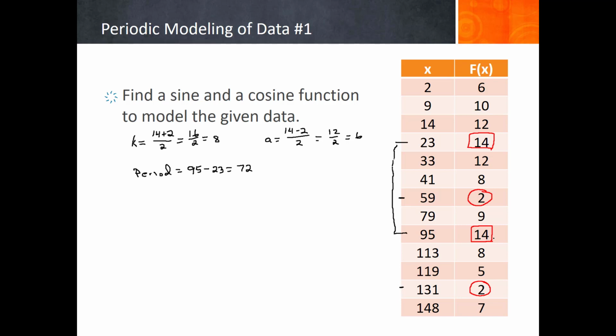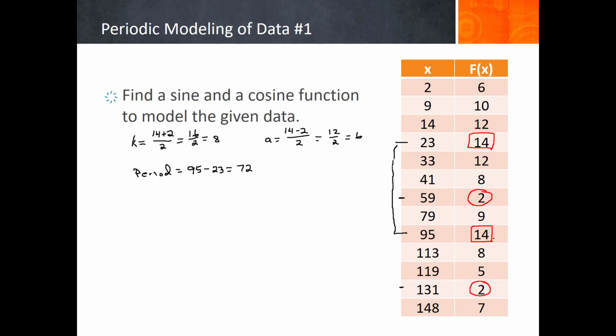Modeling is just a best guess, a best fit, so there might be a little variation in the answers we come up with as we work through these. So we have the period now. It's a period of 72.